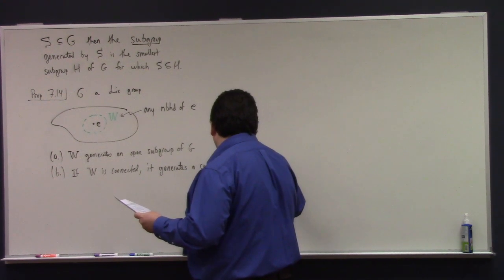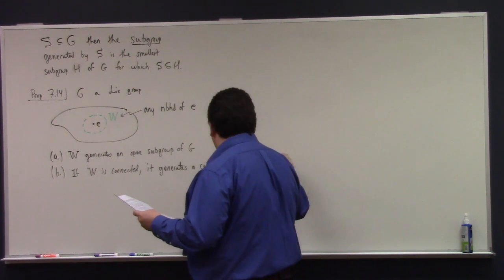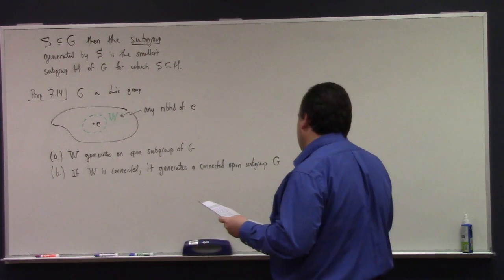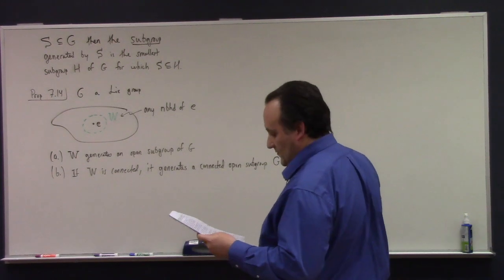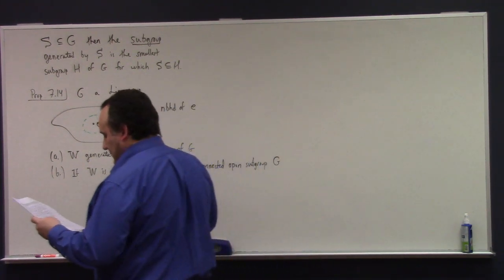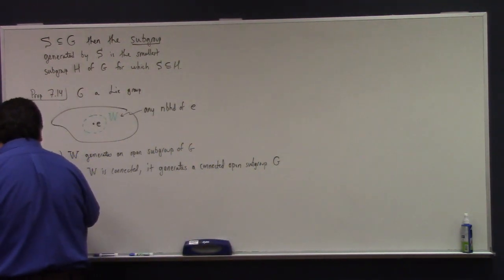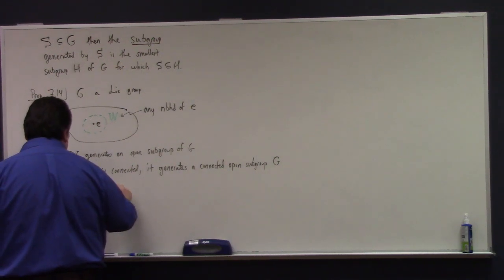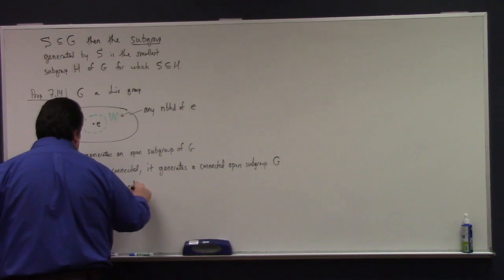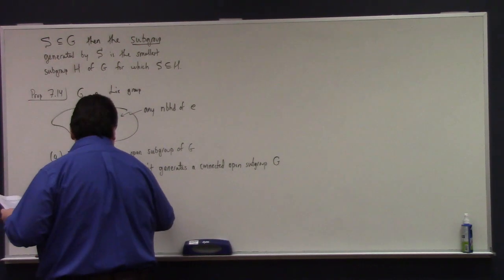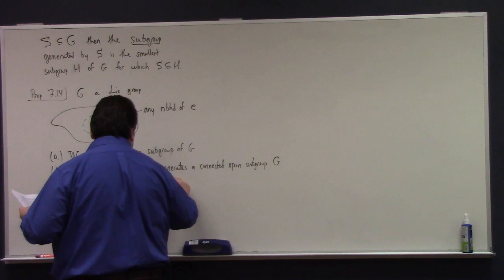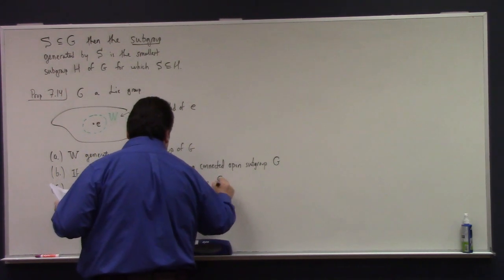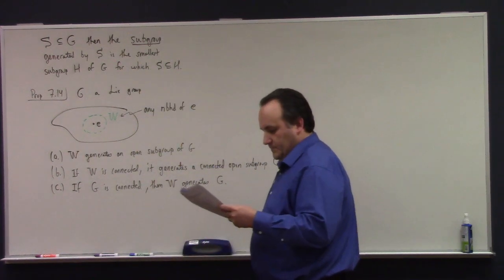Okay, well, I feel better. So if a neighborhood is as it should be, then it generates a connected open subgroup, in fact. And then, look at this one. (c) If G is connected, then W generates the whole group.